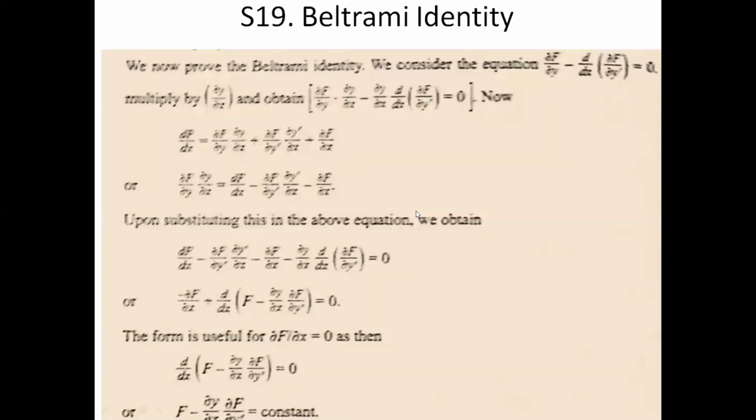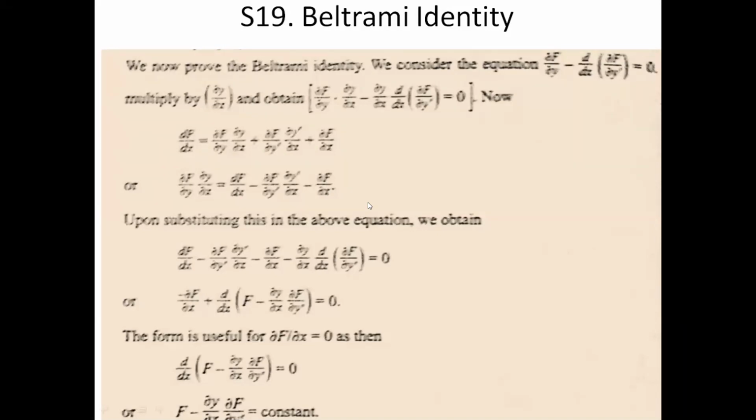In S19, I have proved the Beltrami identity. I have multiplied the equation by ∂f/∂y and dx and done something and finally shown f. One student can go through it. I think this is not a very difficult proposition, so I just ignore the proof.